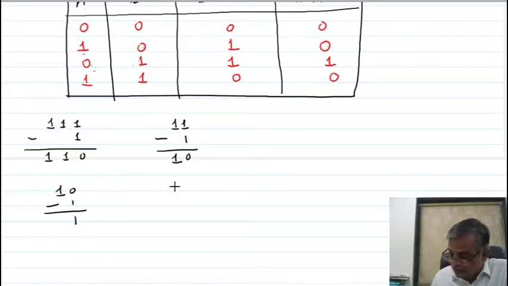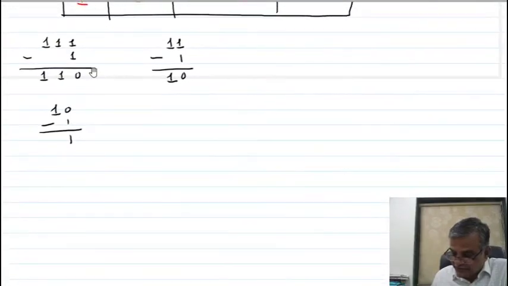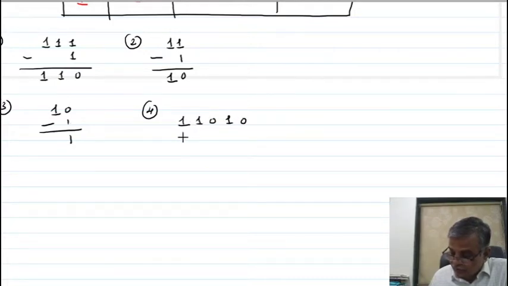Now suppose someone says I want to do the subtraction of this. For your understanding I am writing 1, 0, 1, 0. This is your 1, 0.